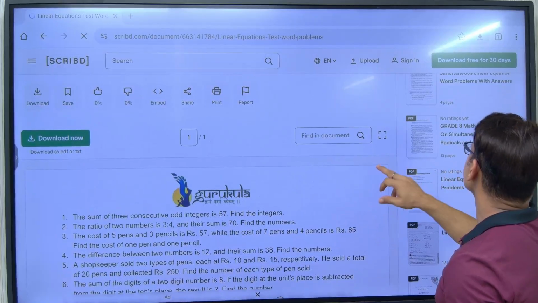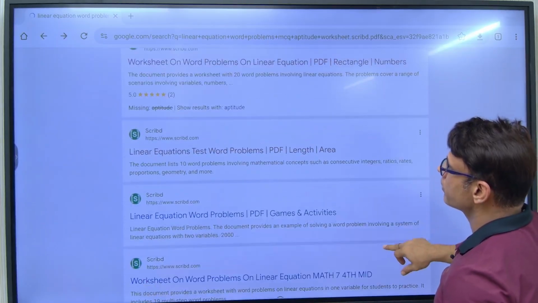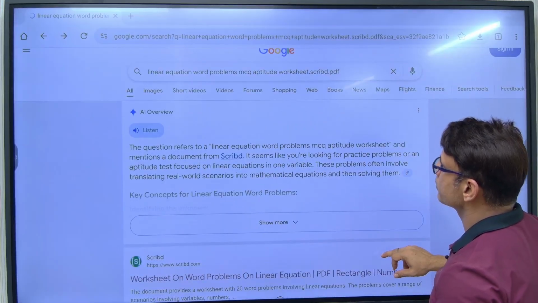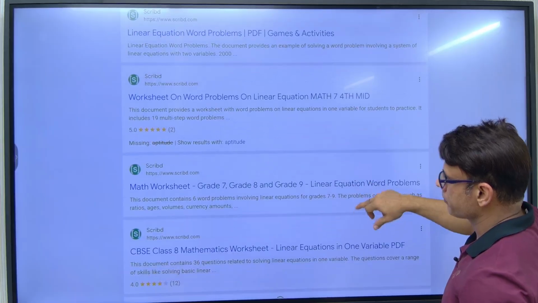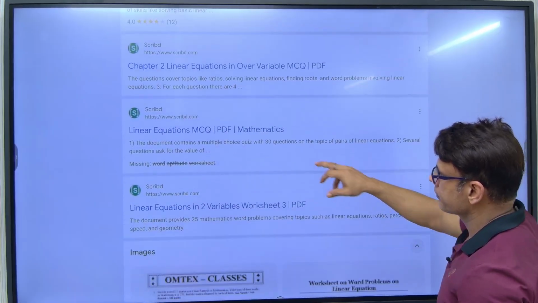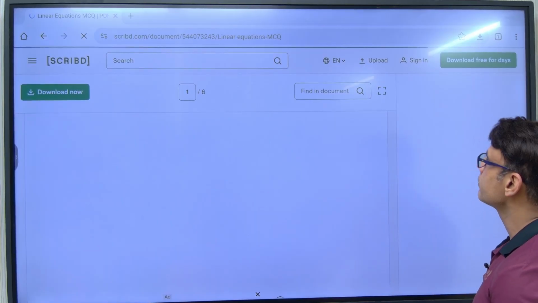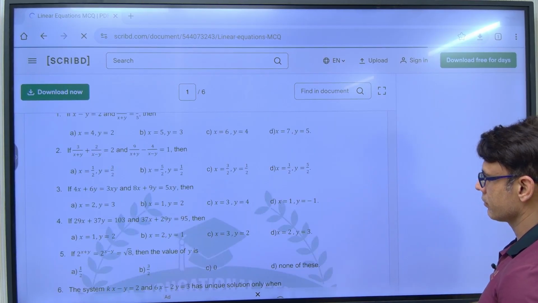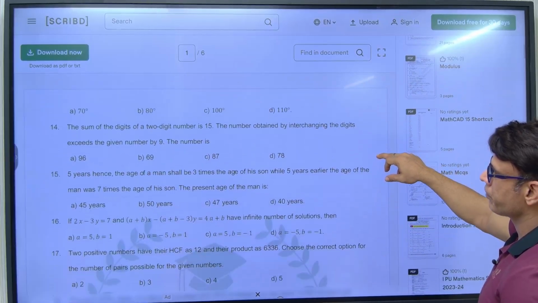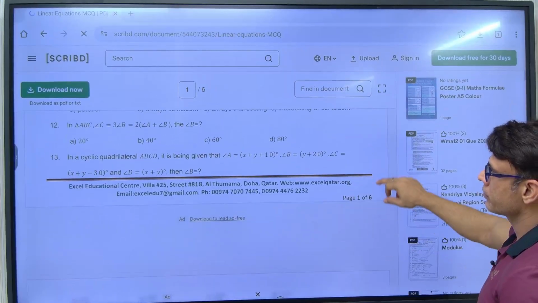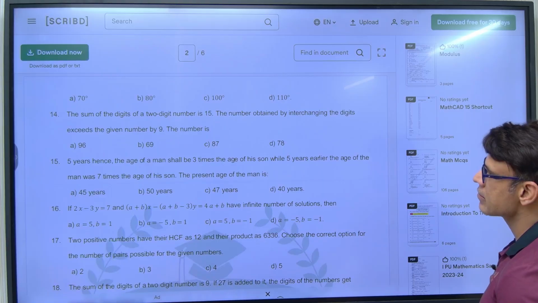Go for the MCQ first. Did I put MCQ in the search bar? I had put MCQ. Is there something in this? Or let's take this one from the 14th one.